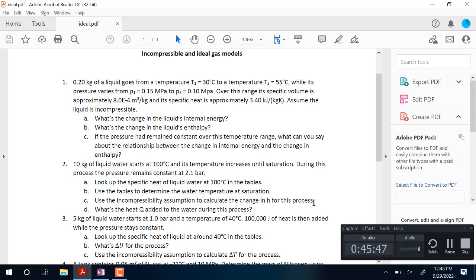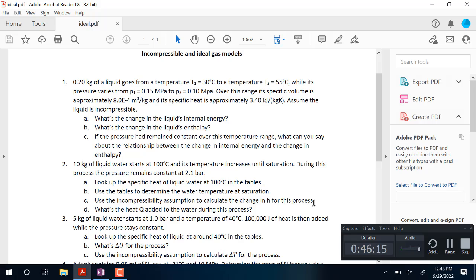The pressure is constant, and it sort of walks us through a few things. So what's the specific heat of the liquid water? Then determine the water temperature at saturation. Then C and D are really the questions that it's asking you.